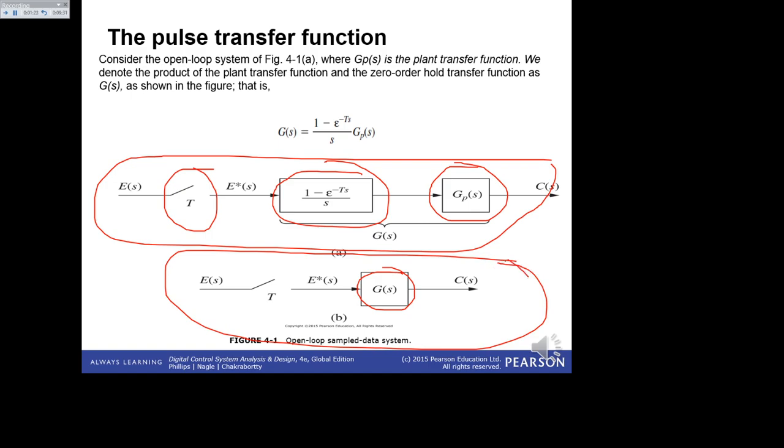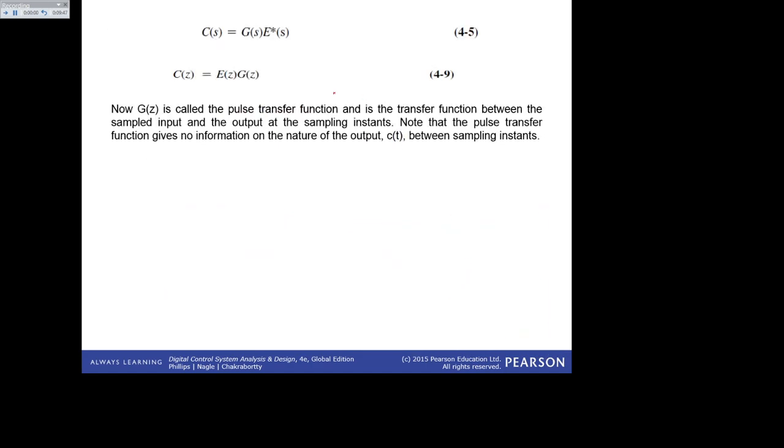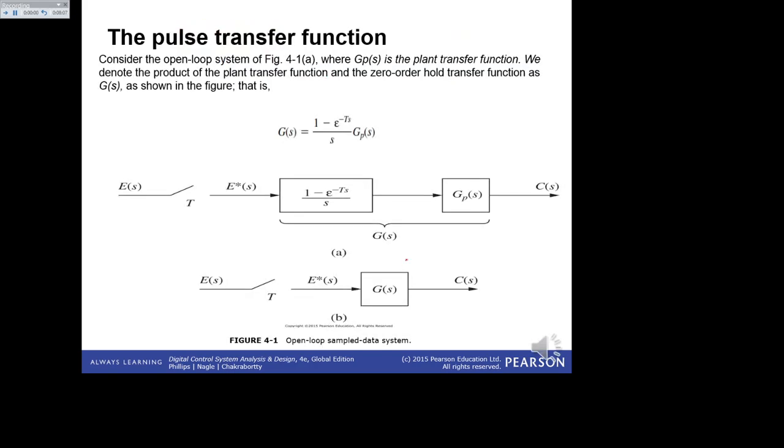So now, if I want to know the transfer function of this system, which is CS over ES, in the form of the Z transform, look at this equation: CS is equal to GS times E asterisk S. You see, it's the same.